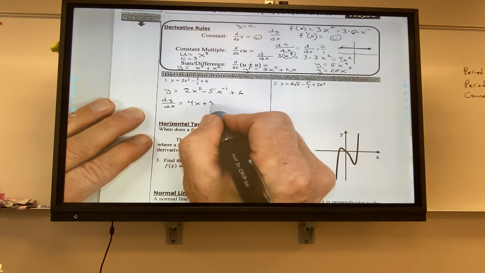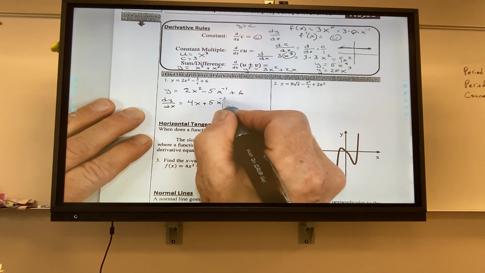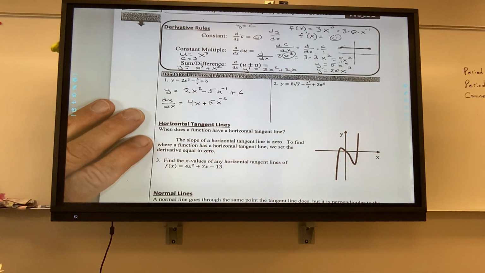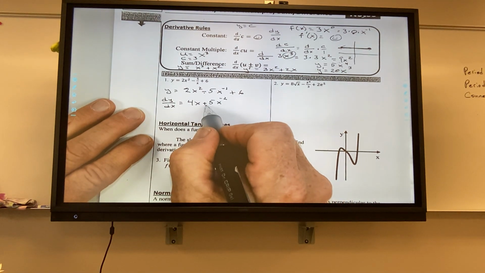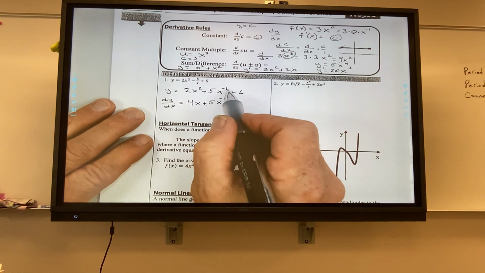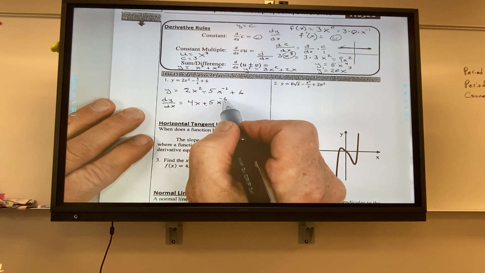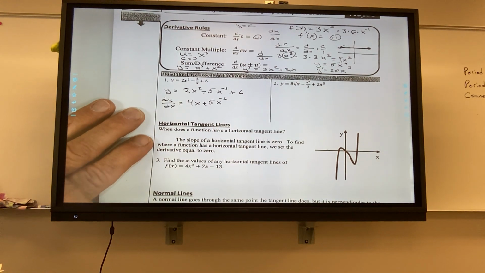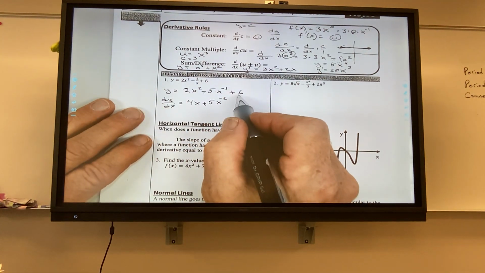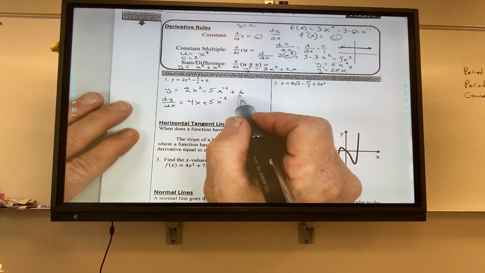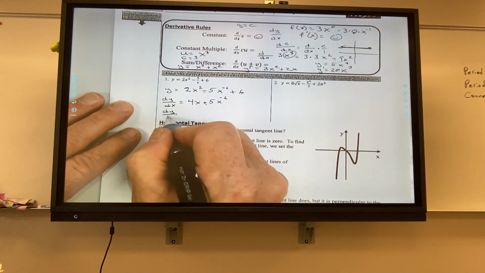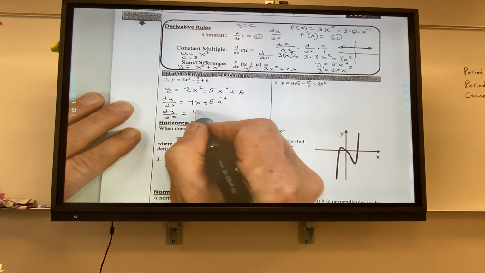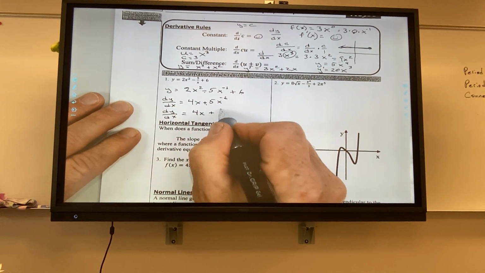Plus 5x to the negative 2. So I took the negative 1 times the negative 5, it became a positive 5. Subtracted 1 from the negative 1, got a negative 2. The big mistake is people forget to take the derivative of 6. What's the derivative of 6? 0. So I would rewrite this like this.